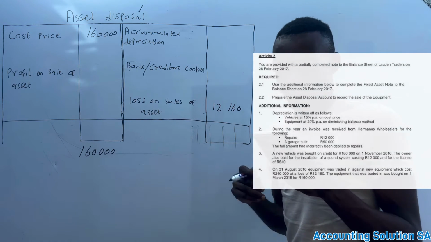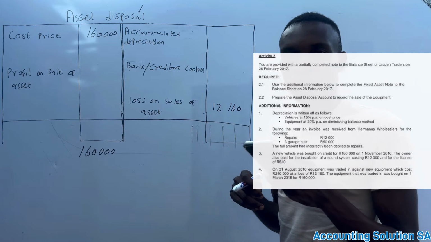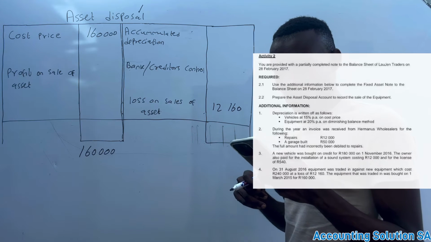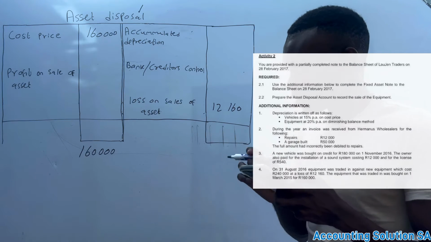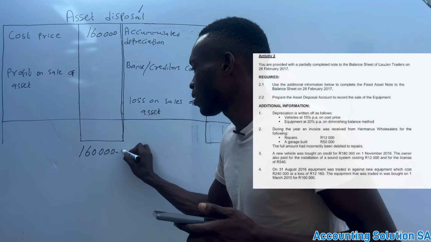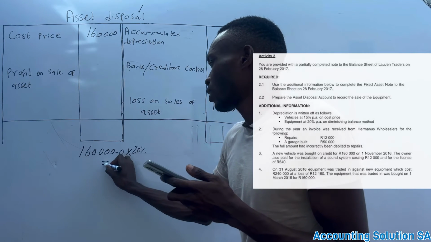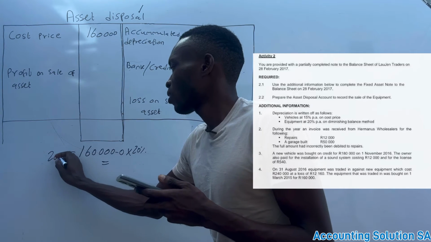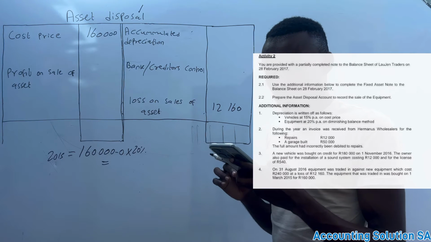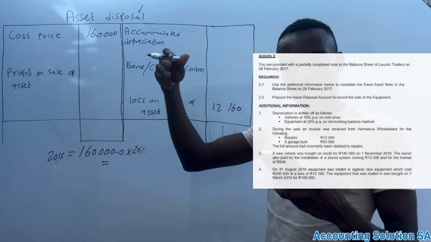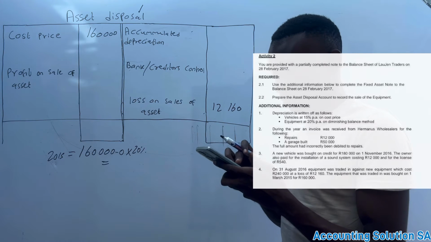From 1 March 2015 until year end, so year end is 28 February 2016, which means that accumulated depreciation was 0, multiplied by 20%. This one is for the period of 2015, ending February 2016. We don't count the months, because from 1 March to the next year 28 February is 12 months, 12 over 12. Let's do this calculation.